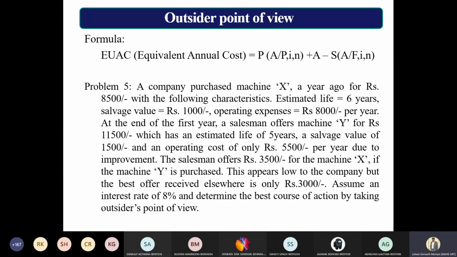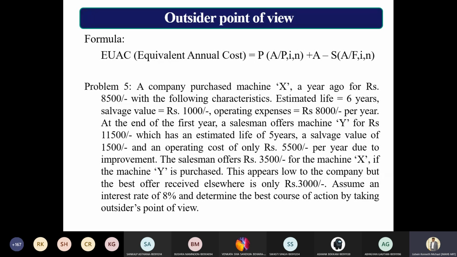Life is again less than that of the Defender machine, which is 5 years, but the salvage value is slightly more, 1,500, and operating cost also is much lesser compared to the Defender machine, which is 5,500 per year. Now the salesman is offering rupees 3,500 for the machine X if the machine Y is purchased.